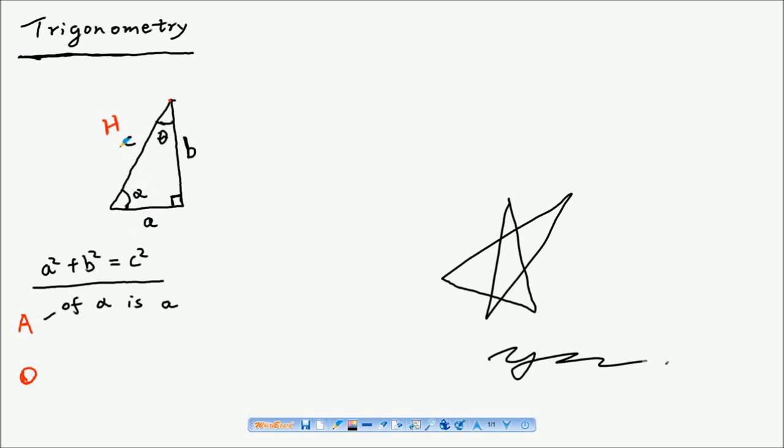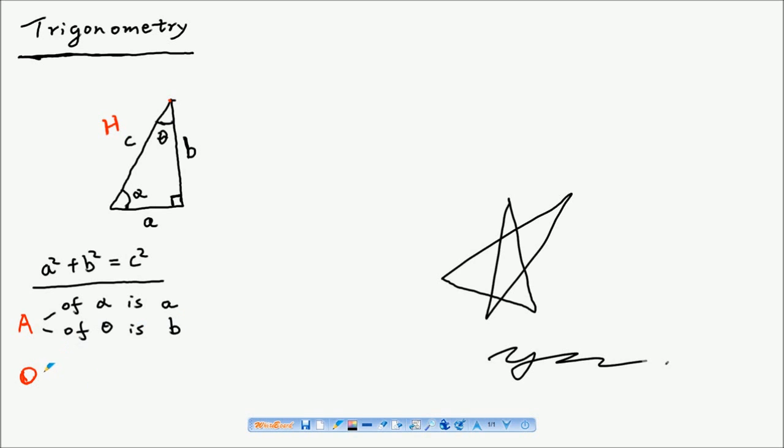Or I can say the angle is between the hypotenuse and the adjacent. So the adjacent of alpha is A, but the adjacent of angle theta is B, because the hypotenuse and the side B actually make the angle theta.